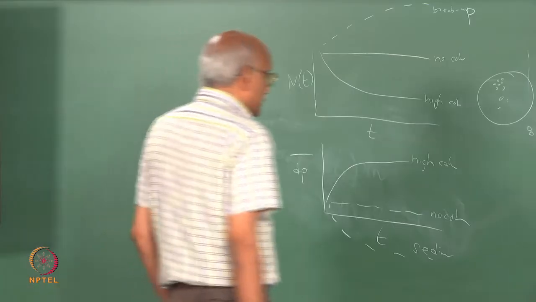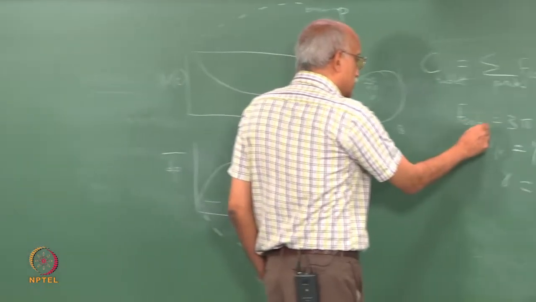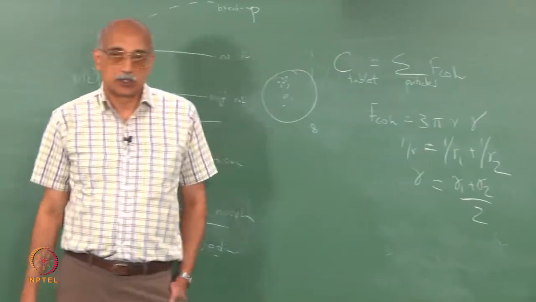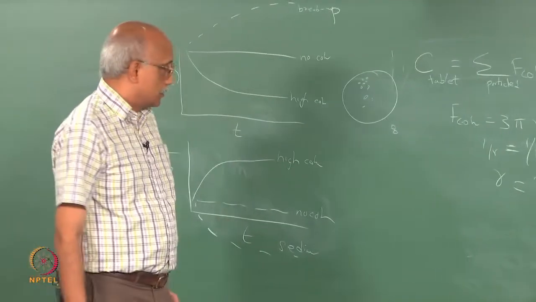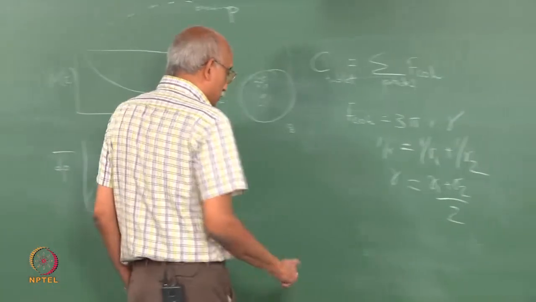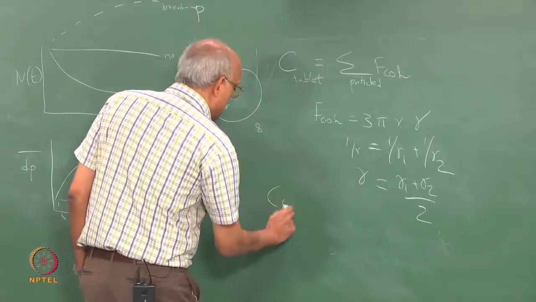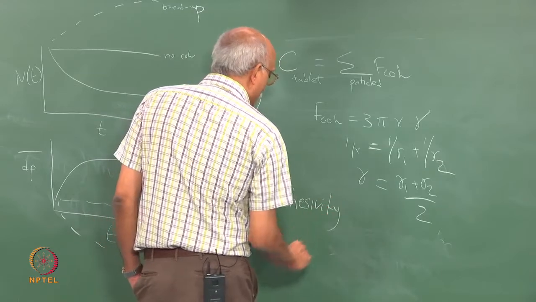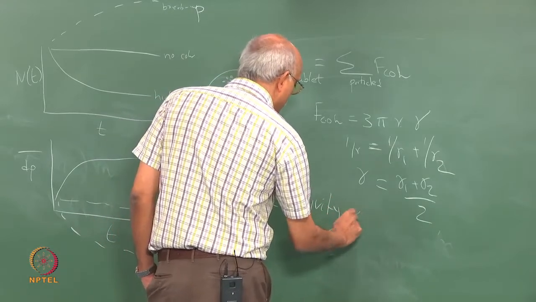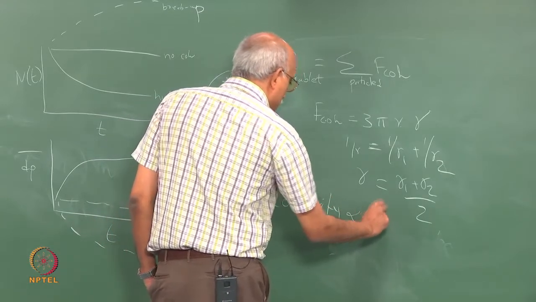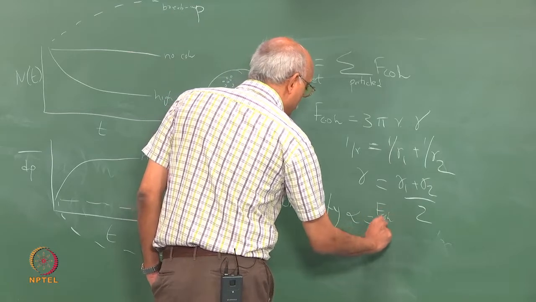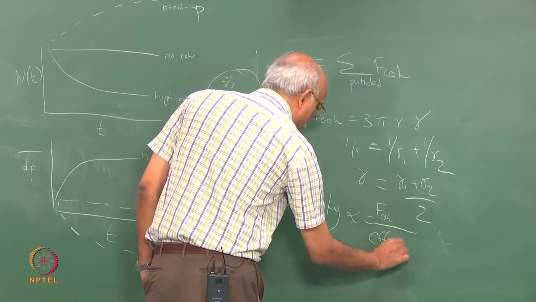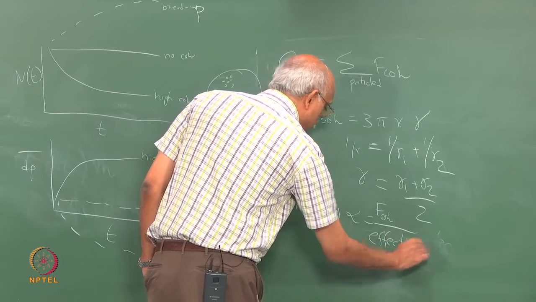So, here again in this expression you will see that the cohesion force scales as size. But let us talk about something called cohesivity. Cohesivity, let us call that some alpha, is the cohesion force per unit effective interfacial area.